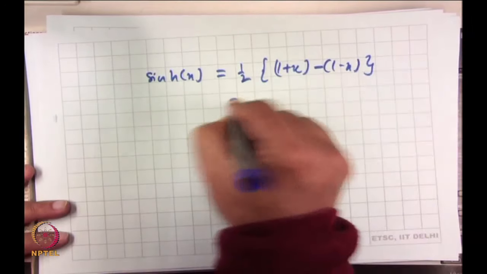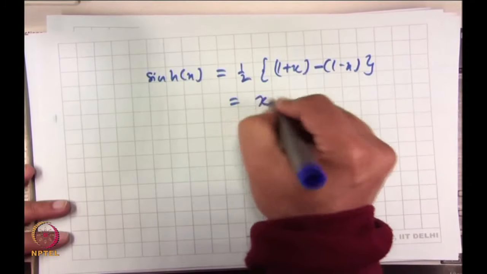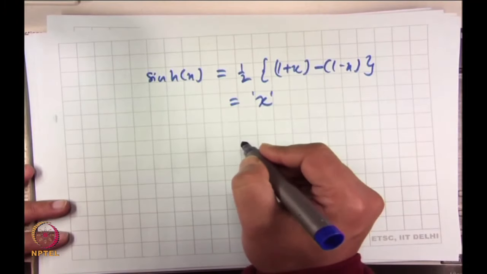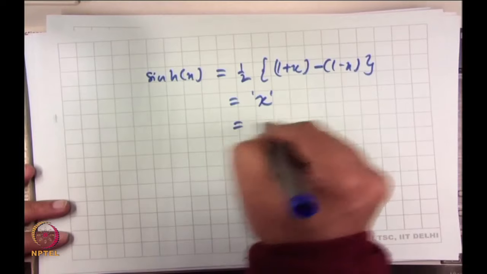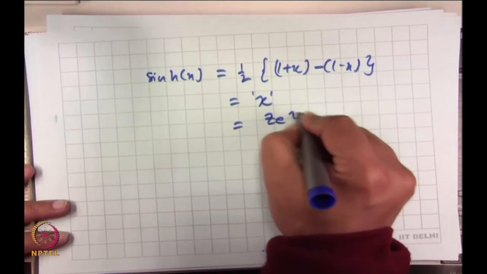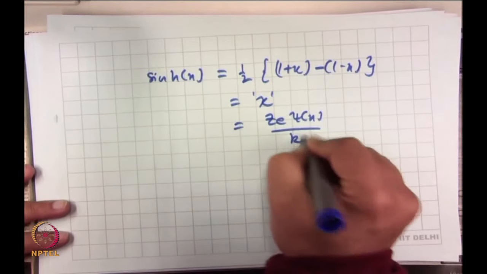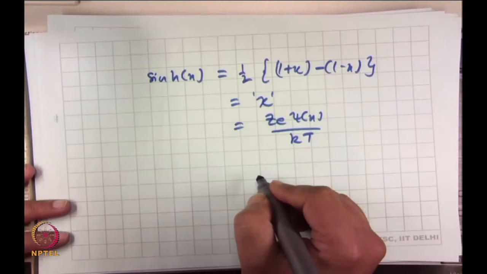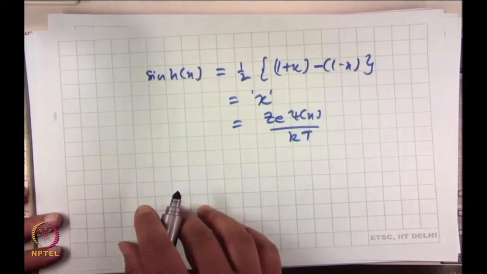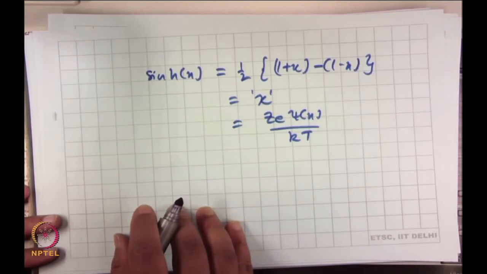So, what do we get? We get x, and this x, as we had defined, was Z e psi of x over k T, right.